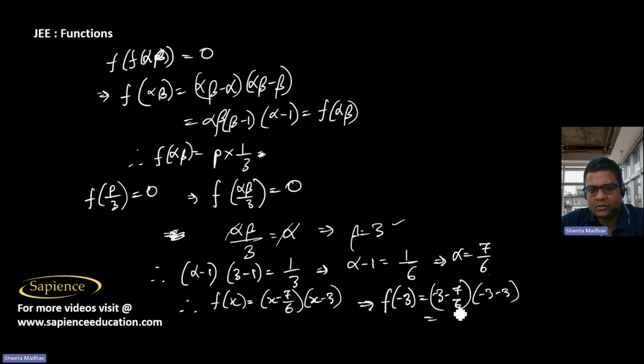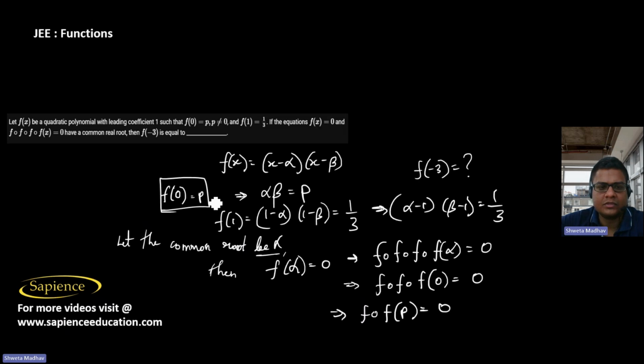So that will be equal to 3 6 18, 18 plus 7, that is 25 by 6 into 6. So this is equal to 25. So 25 is the answer.